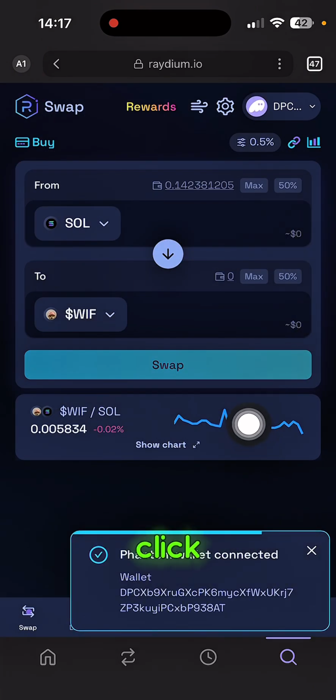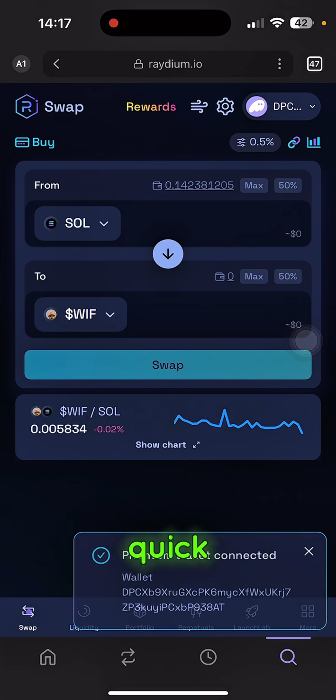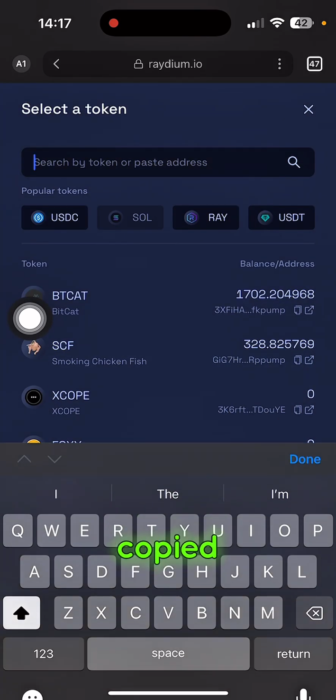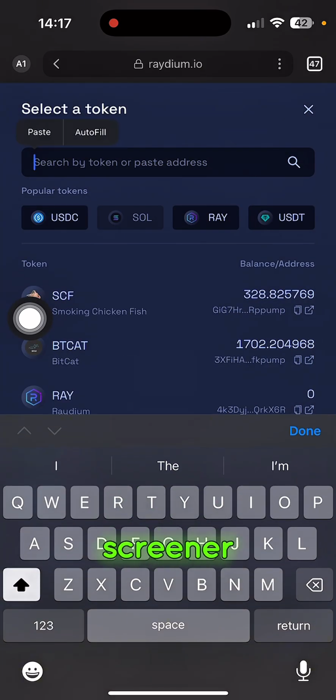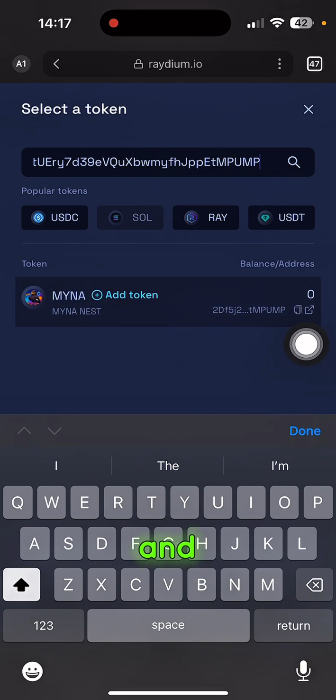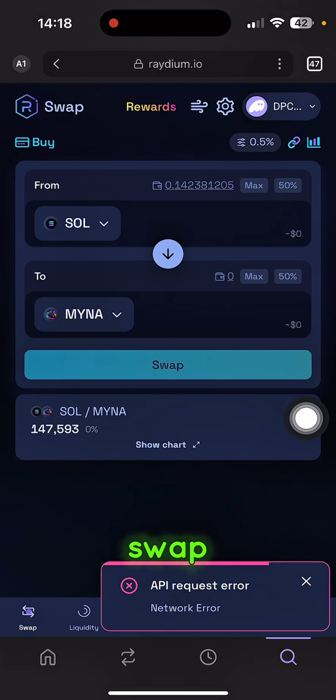After then, I will click on that 'To' so I can put in the coin real quick, the coin we intend to buy. So I'm going to click on 'To' and I will paste that contract address we had copied initially from Dexscreener. Then I'll click on the coin and click on add token. Then I'll click on the coin one more time and it should come onto the swap page.